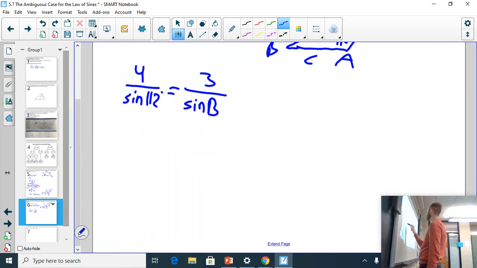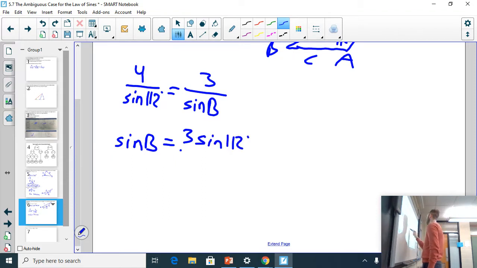So when we do that algebraically, we're going to multiply that sine of B over. So we're going to end up dividing by 4 and multiplying by the sine of 112. And then we have to take the arcsine, or the sine inverse, of both sides to get rid of that sine.